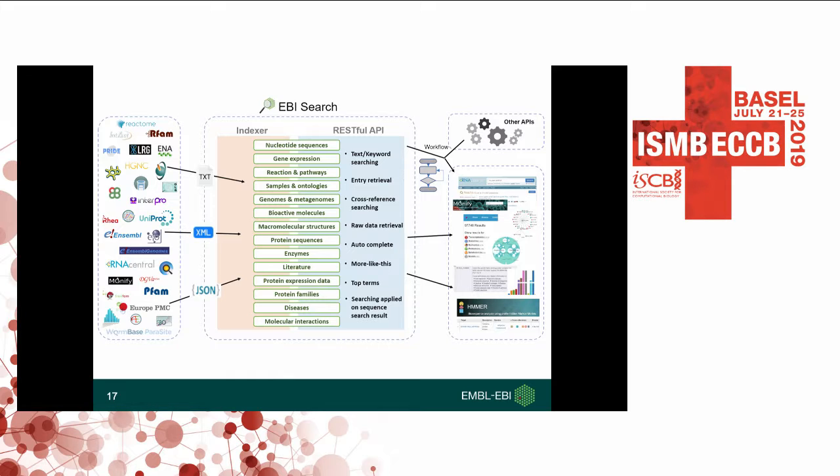Part of the reason is the project started more than 10 years ago, and at the time there was no Solr or Elasticsearch, so we had to write the software from scratch. If you want to know more about the infrastructure, I mean the searching or indexing part, maybe we can have a chat after the presentation. Yeah, thank you very much. No problem.